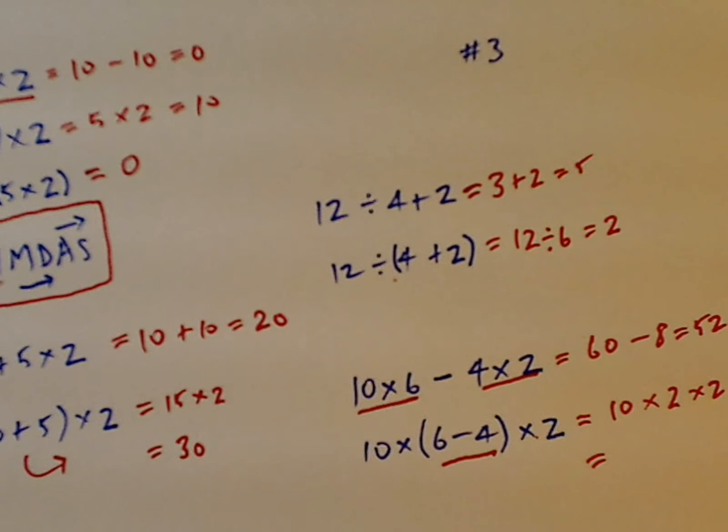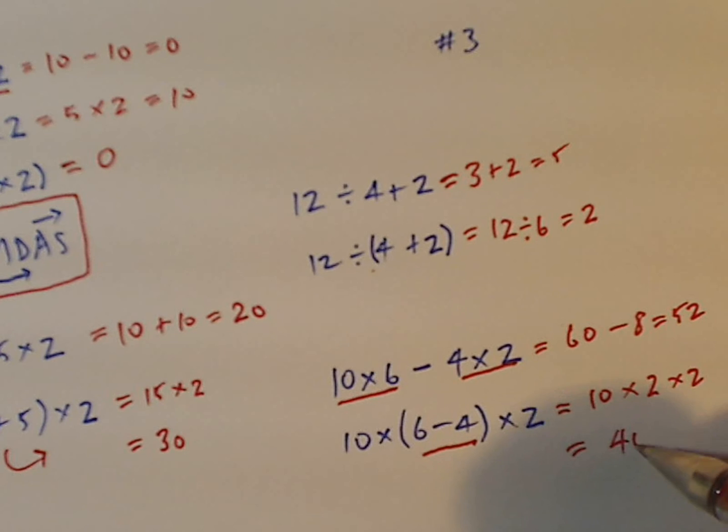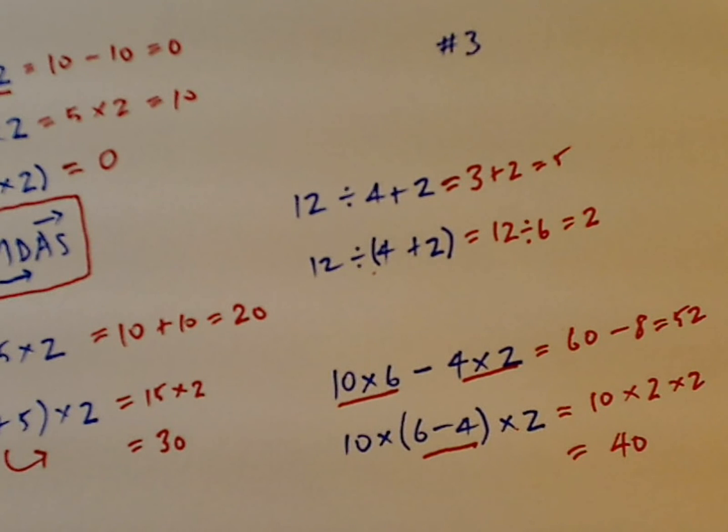Now interestingly, when you have all multiplication in the expression, the actual order doesn't matter, and in fact, as we're going to explore in later videos, sometimes there's clever ways to do the multiplication out of order, which will simplify the expression much more easily. But whichever way you like to do it, 10 times 2 is 20 times 2 is 40, or 2 2s are 4, 10 4s are 40, whichever way you'd like to go.